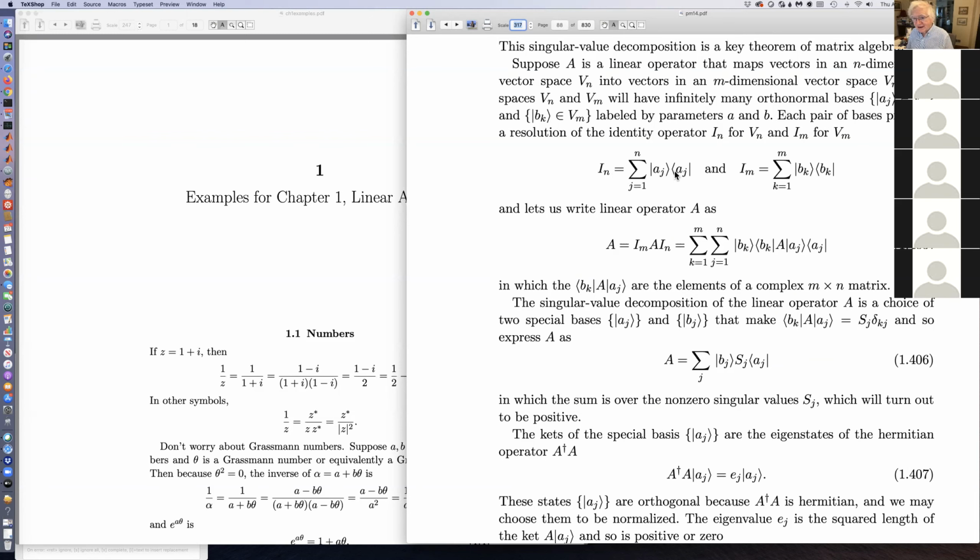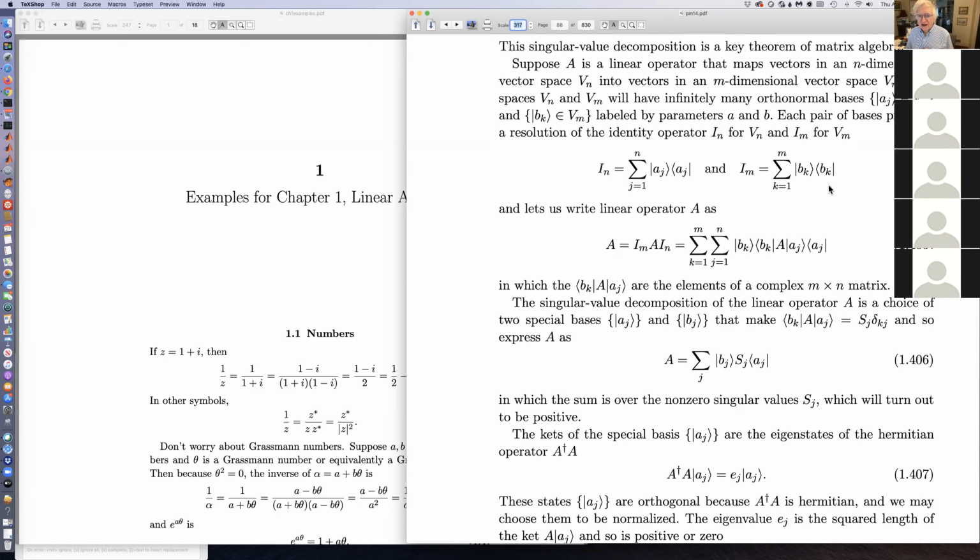But any old set of n orthonormal vectors will do, and there are infinitely many such sets. And similarly, the target space Vm has infinitely many bases, and we can write the identity operator in terms of outer products of the orthonormal vectors in each basis like this. And there are infinitely many ways of doing this.